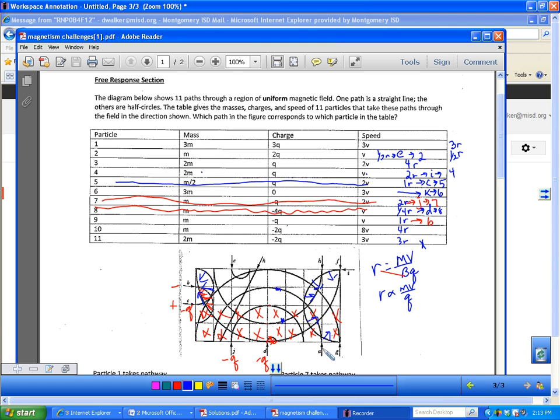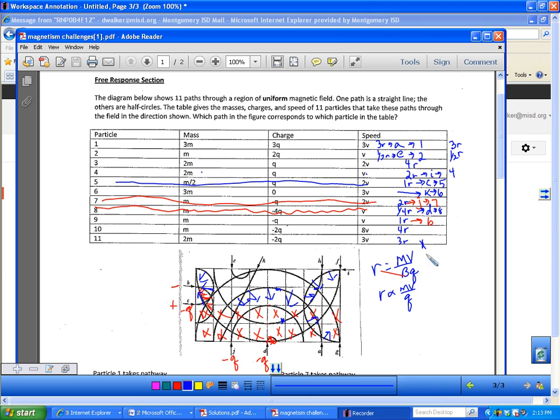All of my fingers are going to be pointing into the page, and my palm is pointing to the left, so that would make it move in a circular pathway like that. So since that was my right hand, I know that pathway A is for particle 1. So if my radius is 3r, pathway A is the same thing as particle 1. So that means that this little rascal over here, path H, must be my negative. So I do the left-hand rule, and it works out that H is perfect.